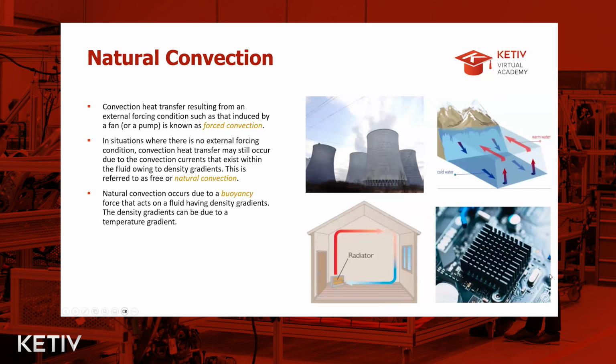So you can think of a heat source, say, for example, in the schematic over here, where the fluid closest to the heat source gets heated. The density varies, it becomes lighter, rises at the top, and then colder air rushes in to replace it. So this type of a current is what natural convection usually refers to. And this is buoyancy-driven flow because there's a buoyancy force that's acting on the fluid with density gradients.